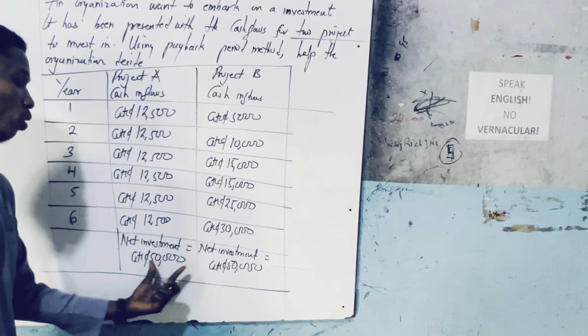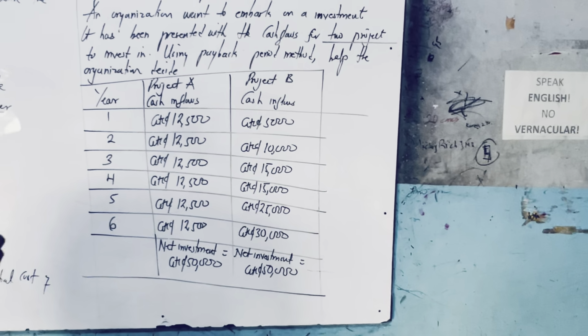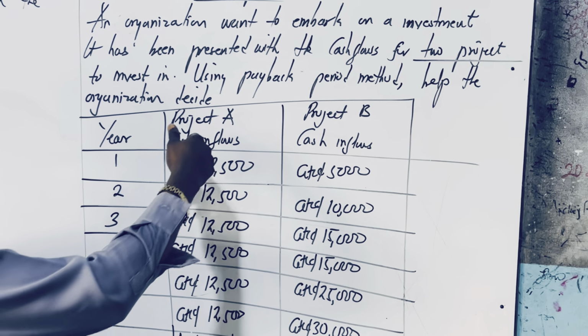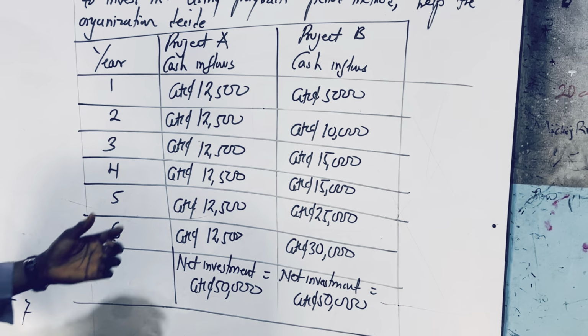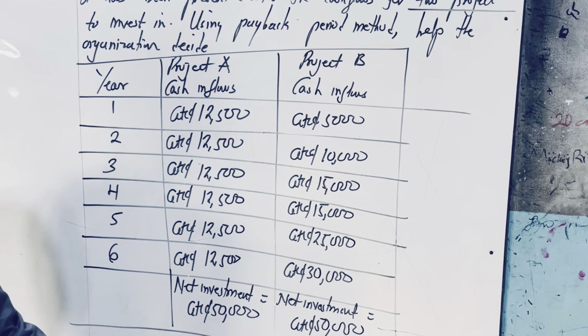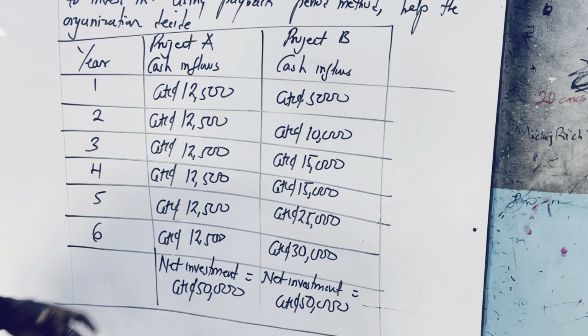As you can see here, 50,000. But they are contemplating which of these investments they should invest in, whether Project A or Project B. We've been presented with the annual cash inflow for Project A and the annual cash inflow for Project B.